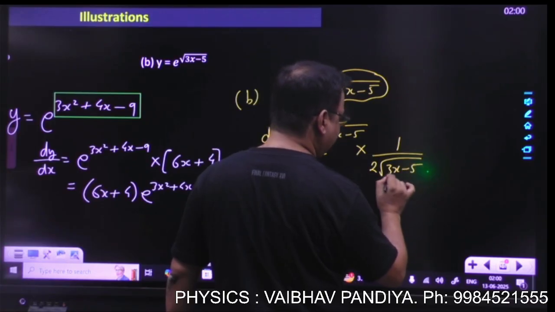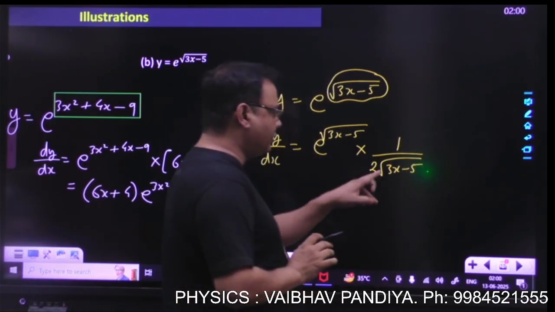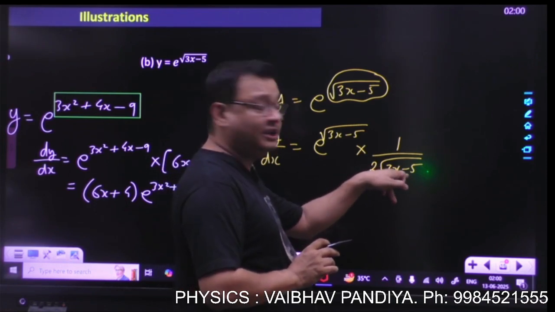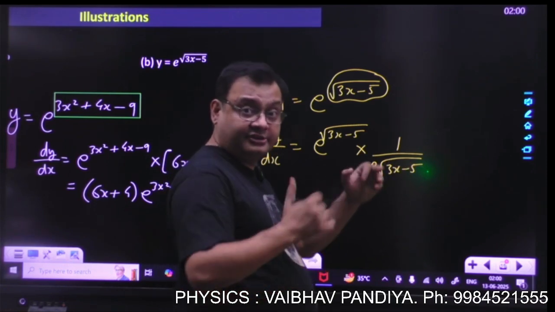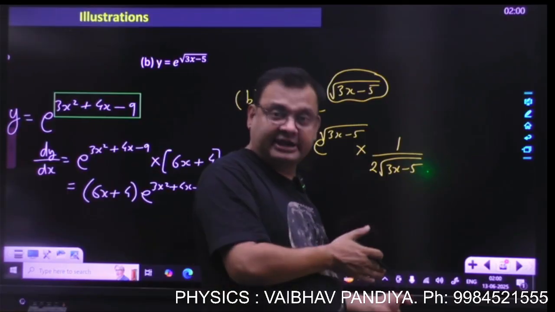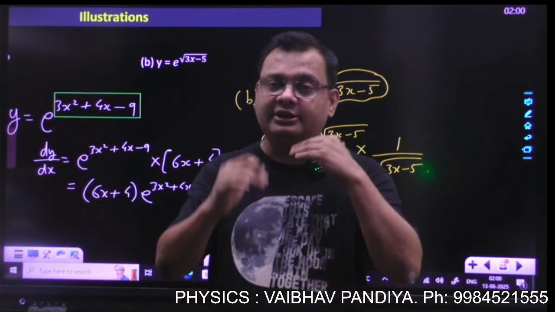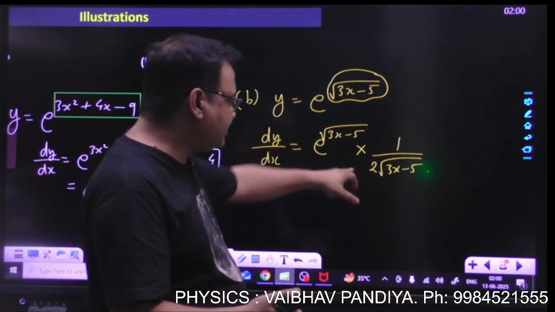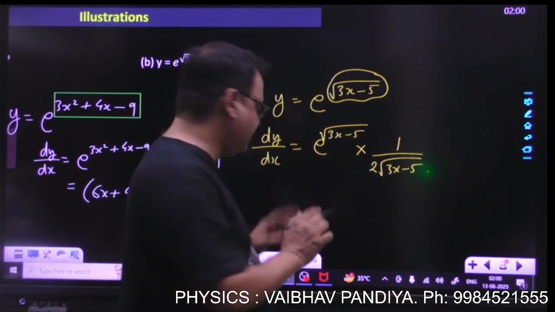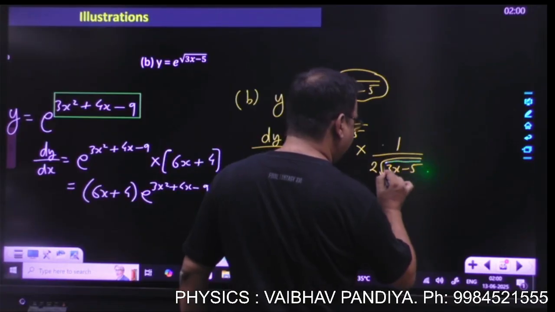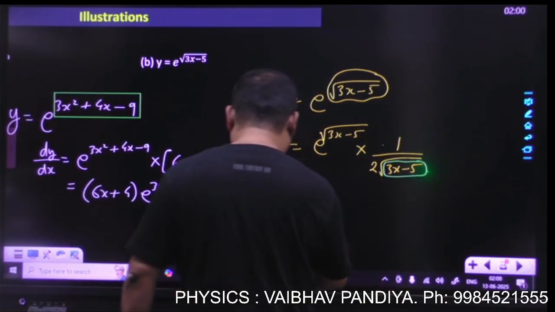And still you see, had it been x, we would have been terminating here. But inside the radical we have 3x minus 5, which is not the standard form. See, we have to decide where we have to terminate the chain. This is also a critical point. You have to decide where you will stop the chain. So when you reach the standard form, the chain will be stopped. But here inside the root we have a linear function which is not x.